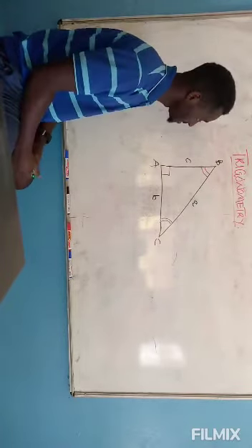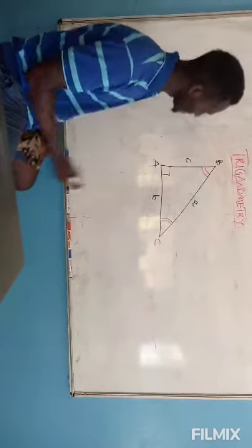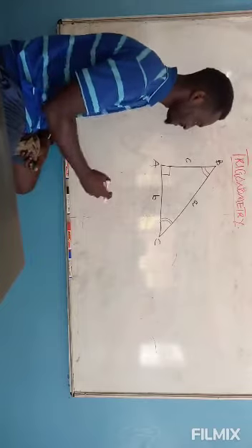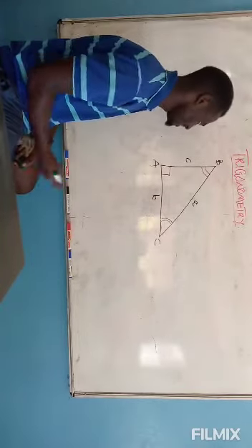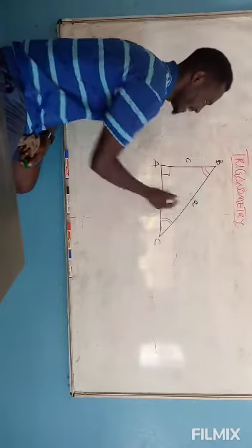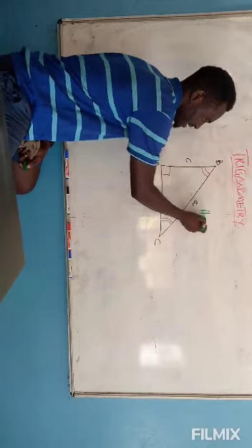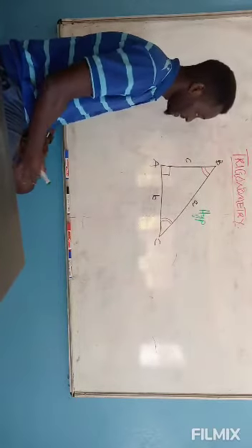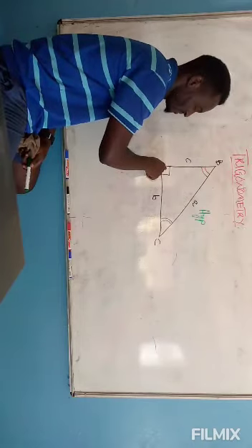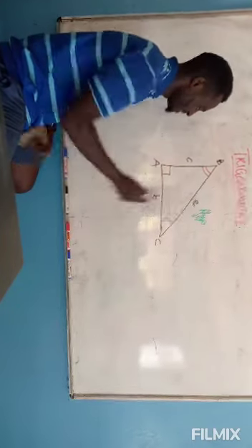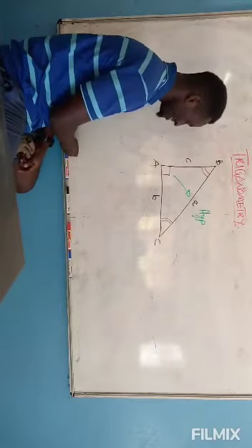I'm sure you did this in grade 10 or 11, according to the syllabus. Now, A is the hypotenuse. This side is always opposite to the right angle, the 90 degree angle.